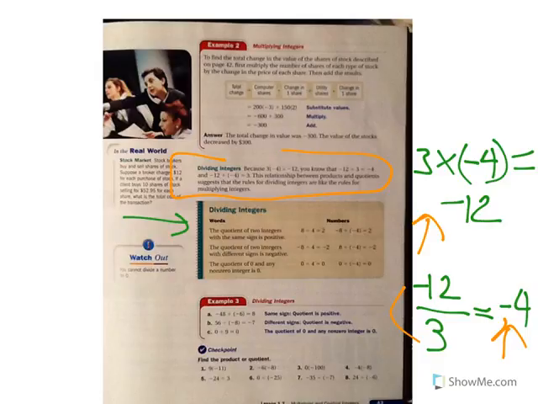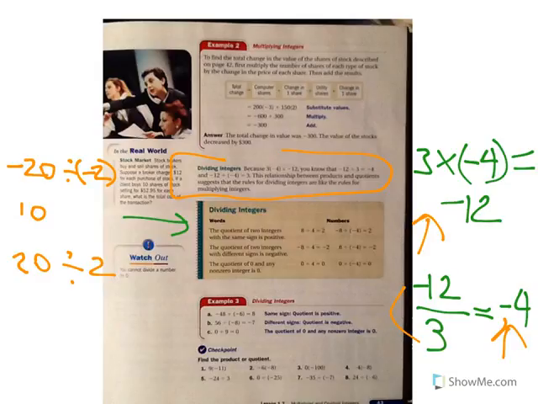The rules are the same with multiplication and division. If you are dividing by something that is the same sign as the thing you're dividing into, so if I have -20 divided by -2, then I'm saying how many -2's fit in -20? Well, that's just going to be 10. And since the signs are the same, it's a positive answer, just the way 20 divided by 2 would be.